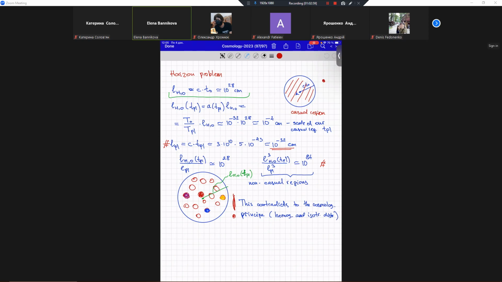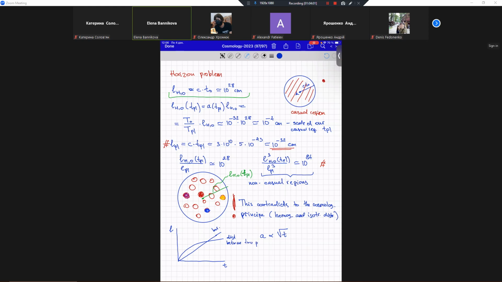Schematically, we can also discover this horizon problem if you build, for example, the dependence of distance as a function of t. For the cosmological horizon, it will be some straight line. But we know that on the radiation stage, the scale factor is proportional to the square root of t, so it will be like this. This is the horizon, and this is the distance between, for example, two particles, two galaxies.